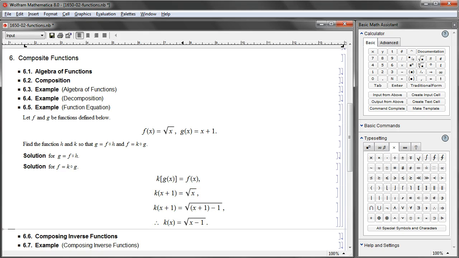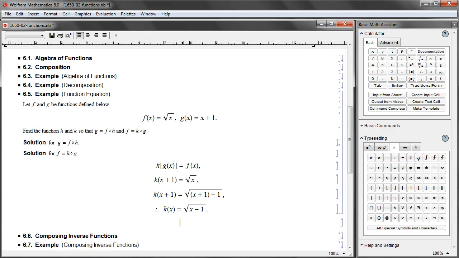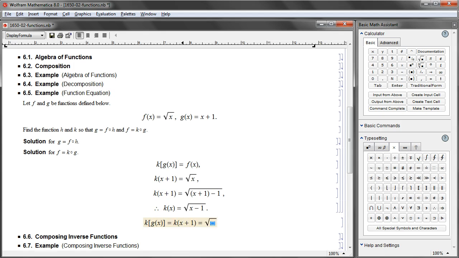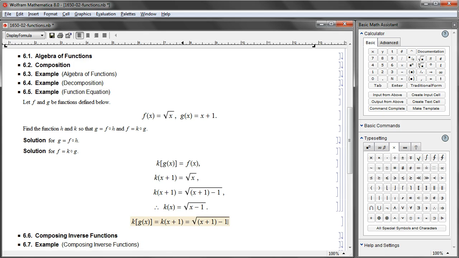Okay. I think I'd better just go ahead and do that. Okay, let's see. K of g of x is equal to k of x plus 1, isn't it? And k, we did find out, and we are just checking, is square root of whatever is inside minus 1.